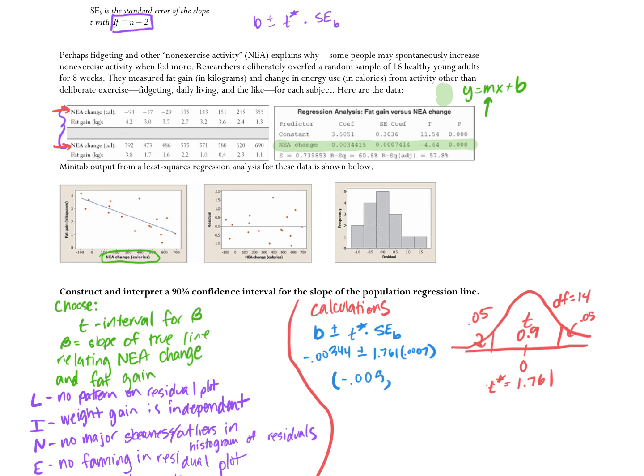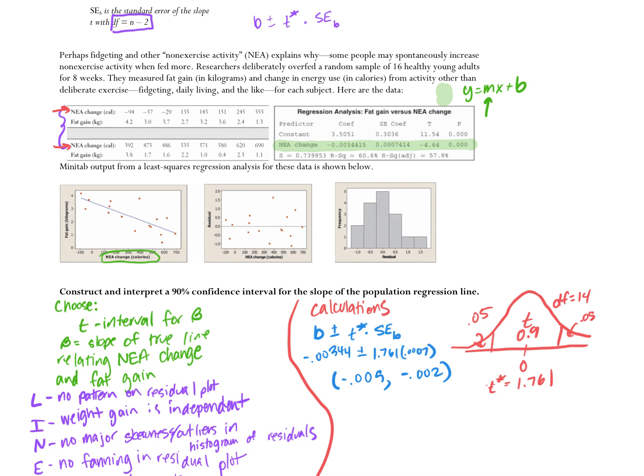Did you guys get negative 0.005 to negative 0.002? 1.761. Remember, you have to do the tail, not the middle.